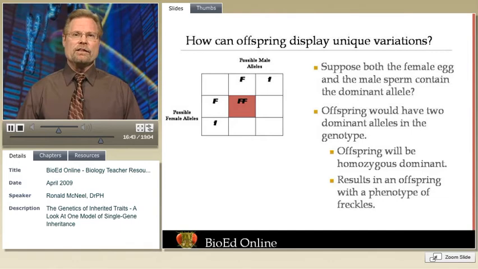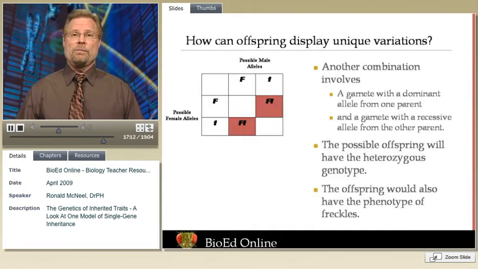Let's say the female egg and the male sperm both contain the dominant allele, represented by an uppercase F allele. Fertilization would result in an offspring with two dominant alleles, represented by two uppercase Fs. This resulting genotype is homozygous dominant and results in an offspring with the phenotype of freckles.